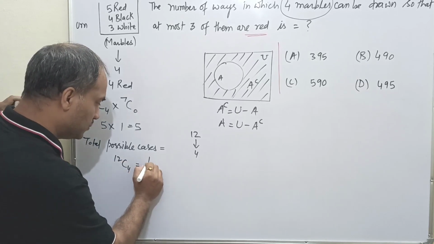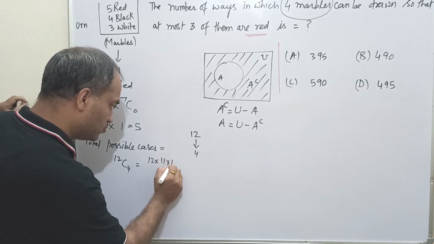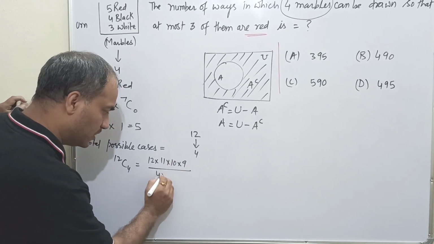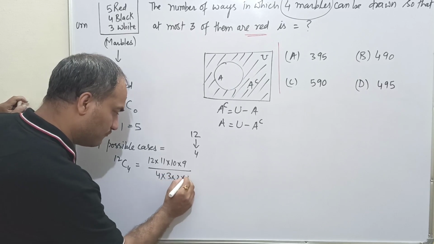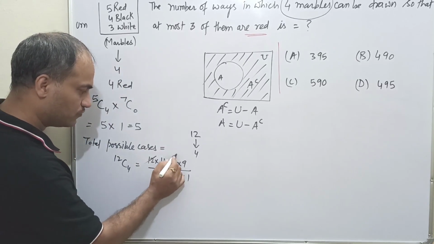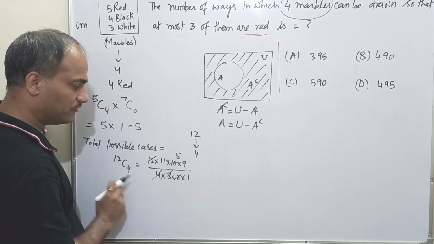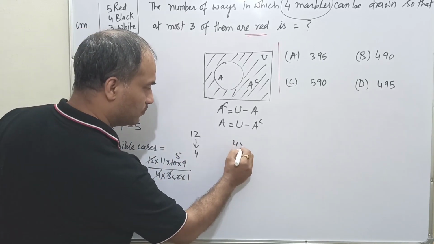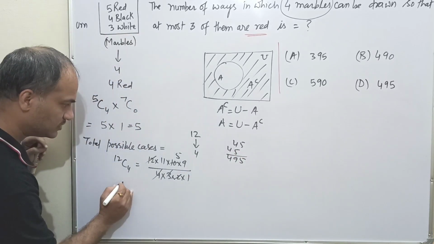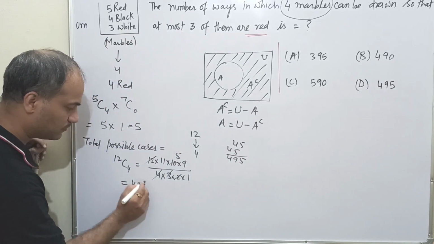So let us find 12 into 11 into 10 into 9 upon factorial 4. Factorial 4 means 4, 3, 2 and 1. 4 3s are 12, 2 5s are... 9 5s are 45, 45 into 11. So this is 495. Hence total cases are 495.